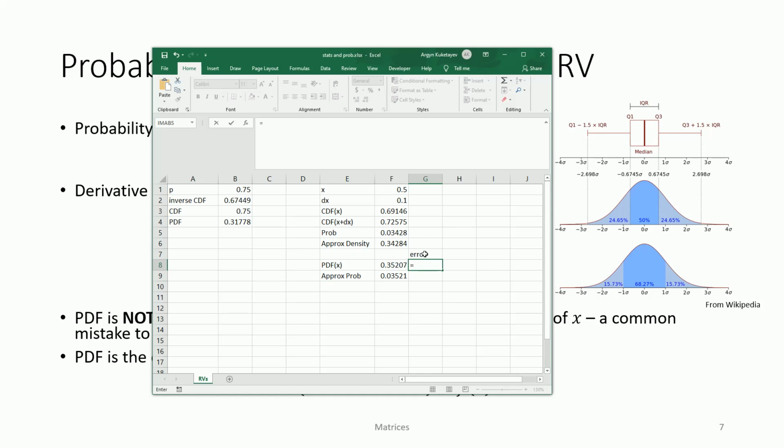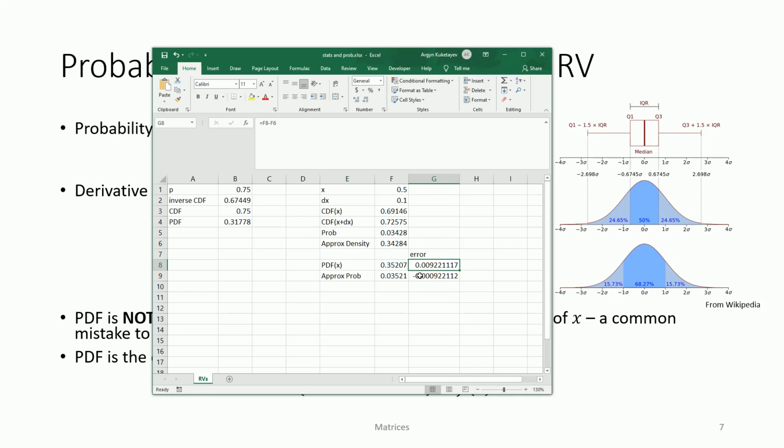The error is going to be the true value of density minus the approximate density we calculated. We said we need to get the true density and subtract approximate density. So this is our error of the density, and here's going to be an error of the probability. We take the true probability and subtract approximate. So the errors are not that large.